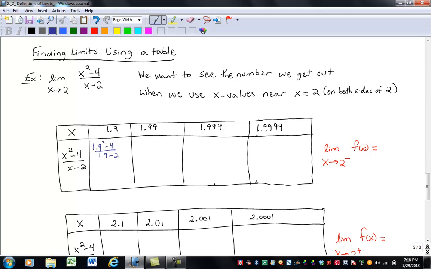And we're going to do the same thing on the other side. We're going to punch in numbers that are larger than 2 to approximate the limit to the right.